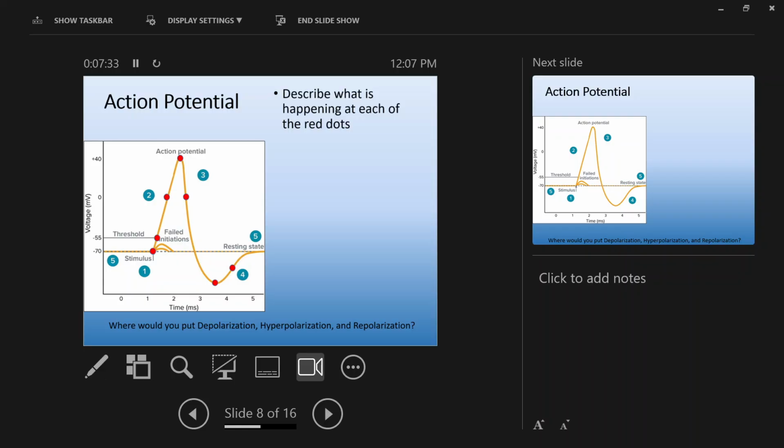Now, can you give me more specifics? Talk to your neighbor. Could you tell me what's happening at each one of those dots?